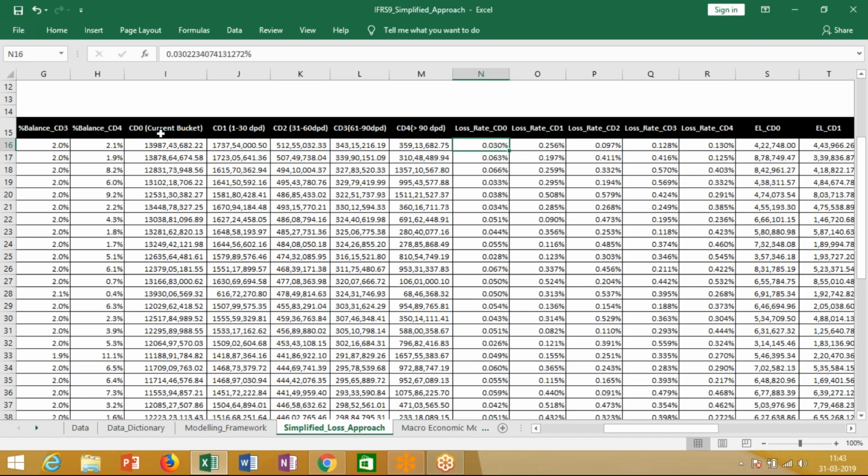The balances which are CD0 in the month of Jan, some of them will become CD1 in the next month, some will become CD2, CD3, and finally they'll become CD4. So balances which were CD0 in Jan will become CD4 plus in the month of April.